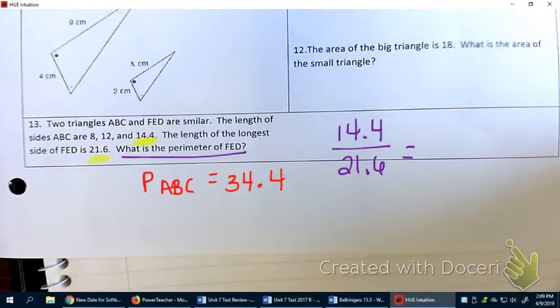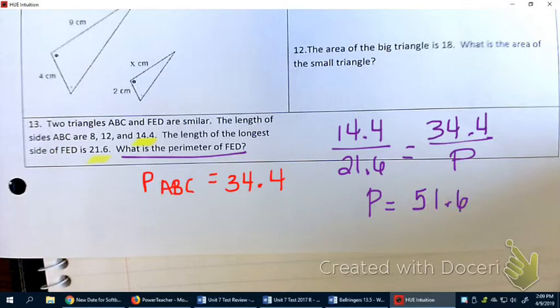So I need the perimeter of ABC on top and then the perimeter of FED on the bottom. Okay? And ABC is 34.4. FED is what I'm looking for, so I'm just going to put a P, or you can put X or whatever letter you want to use. Cross multiply and solve. And I hope you get 51.6.